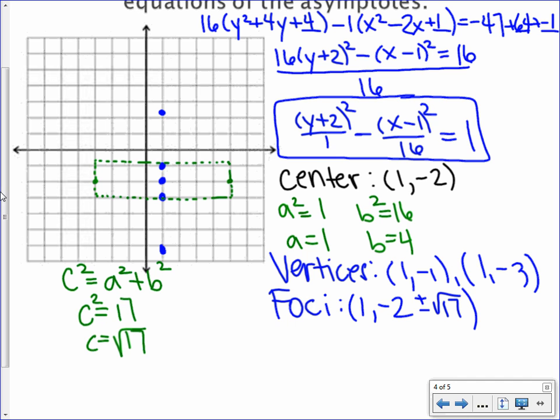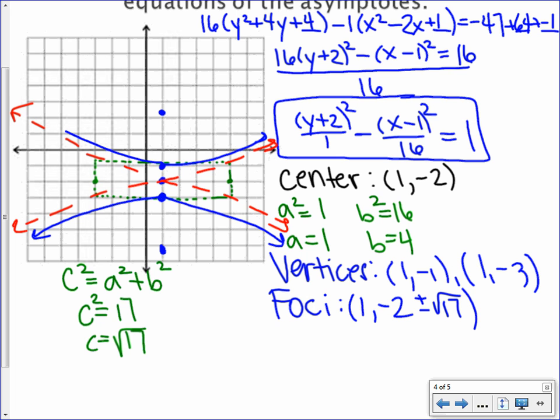Through the diagonal. So center through the diagonal. If you want to use your ID card to get these nice and straight, you can. Does not bother me if you don't. And then from our vertex points, we can make a curve that approaches our asymptotes.